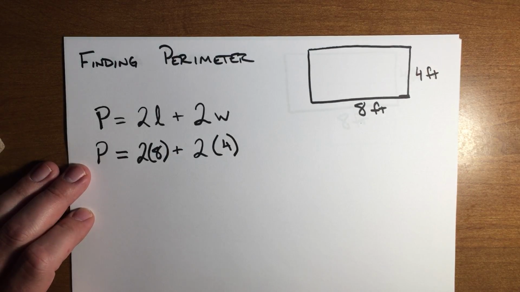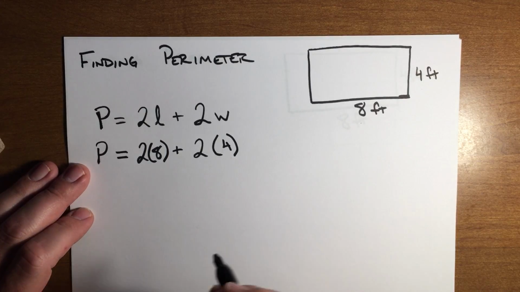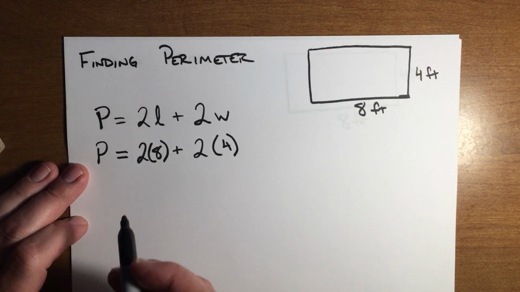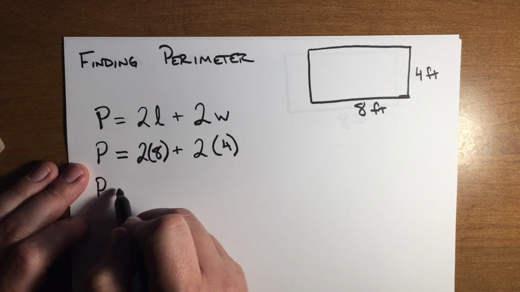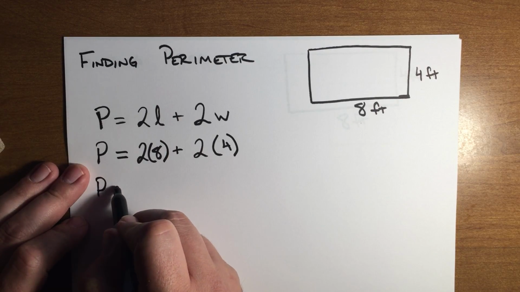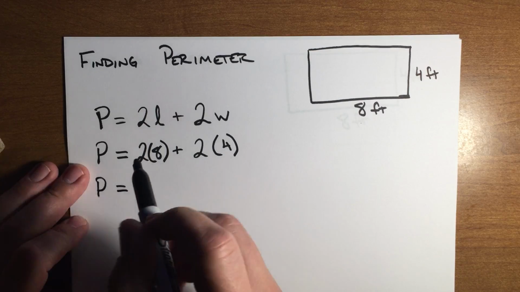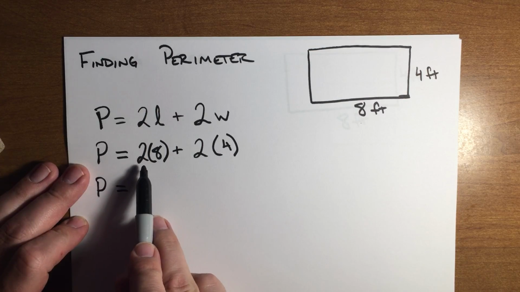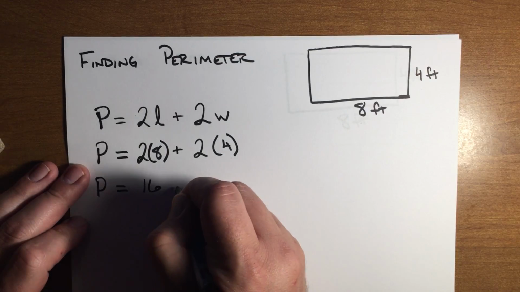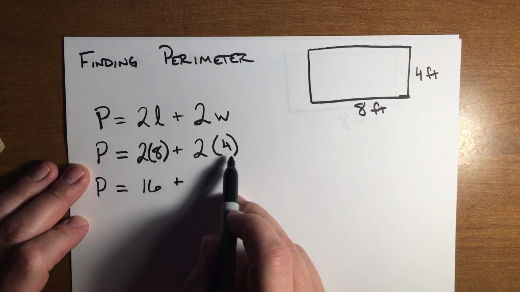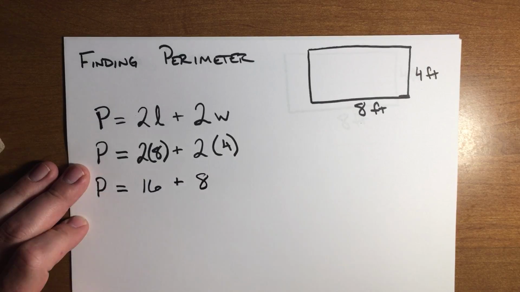Okay? Using order of operations now, I'm going to simplify these expressions. The expression on the left, which is simply P for perimeter, stays P still, and it tells me that my perimeter is going to be equal to, now I'm going to simplify by doing my multiplication problems first. 2 times 8 is 16, plus 2 times 4, which is 8.